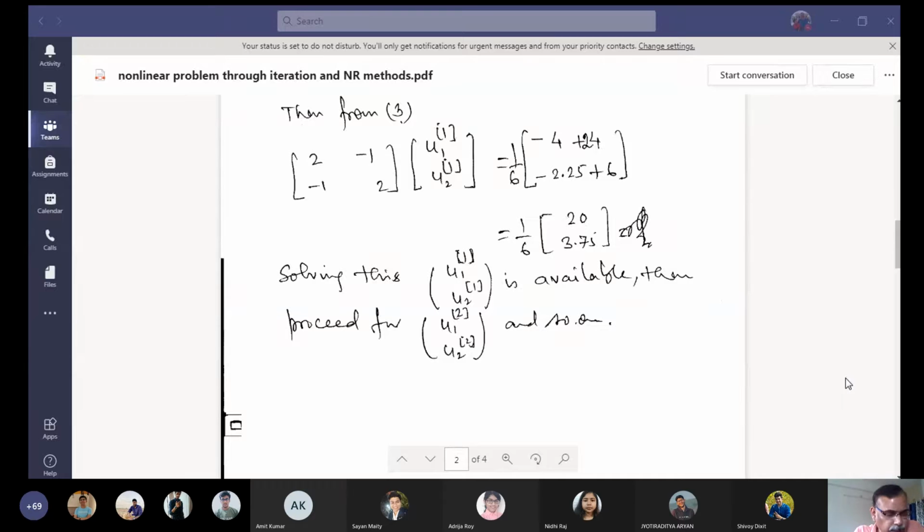Another very simple way is that for any problem, suppose y double prime equal to f(x, y) is given, f is a non-linear function. So you write down the Taylor expansion of f(x, y). The first term will be a constant type of term.